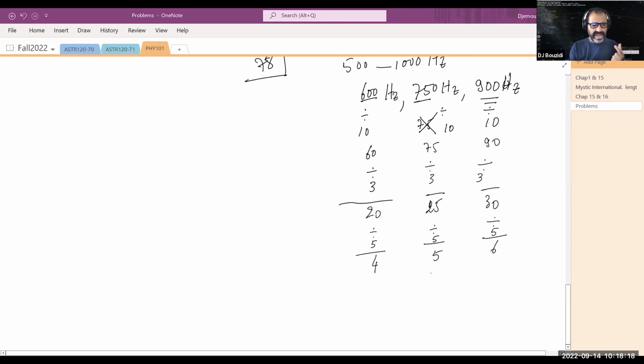As a matter of fact, 5 is a prime number. Since we reach a prime number and it's not a divisor of the other two numbers, we reach the bottom line. This one can be divided by 2 and this one can be divided by 2. This will give me 2 if I divide 4 by 2, and this one will give me 3 if I divide 6 by 2, but 5 cannot be divided by 2. The 6 can be divided by 3 to give me 2, but 4 and 5 cannot be divided by 3. So at the end, we're stuck.